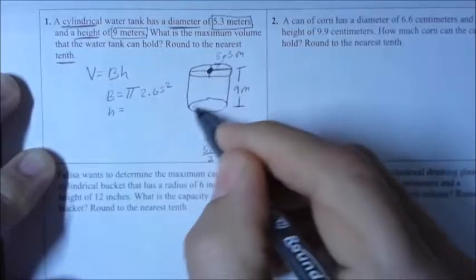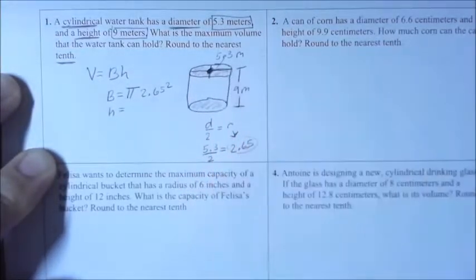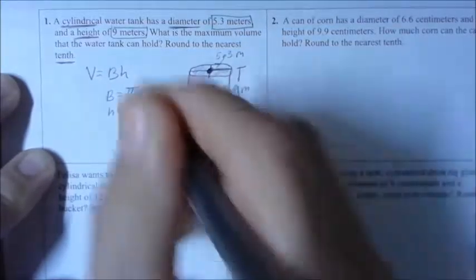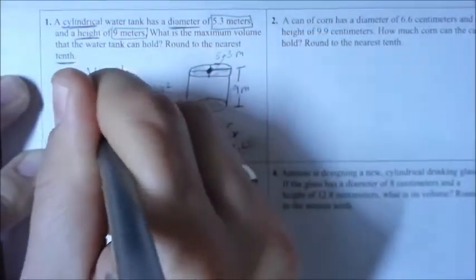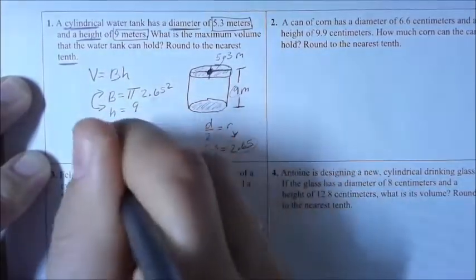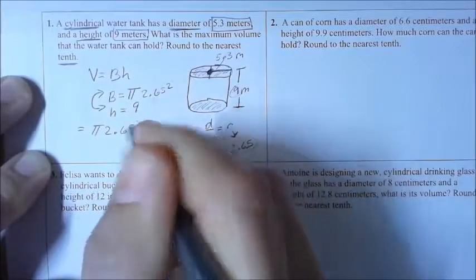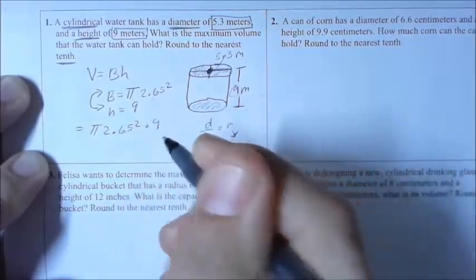Because, right, the base is a circle, so we got to use pi r squared to find the area of that base. And then our height is 9. So now we just need to multiply these together. So this is equal to pi times 2.65 squared times 9.